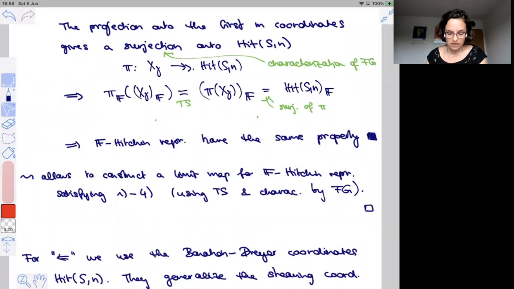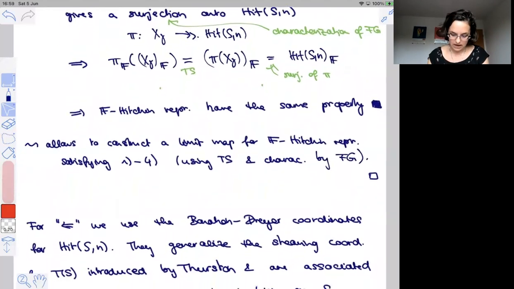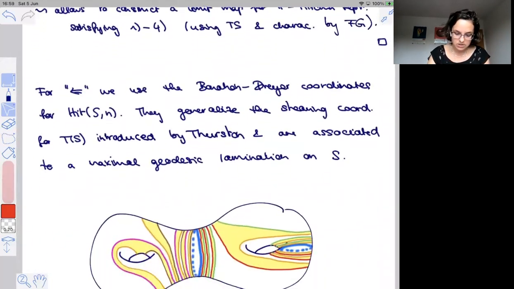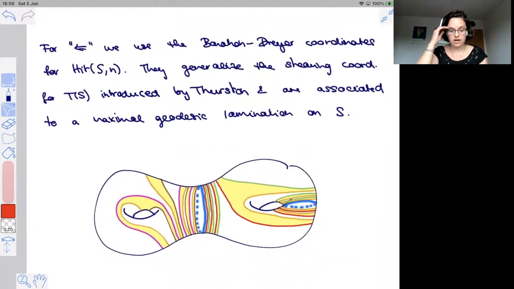And now let me spend the last one to two minutes on the other direction. The backwards direction uses the Bonahon-Dreyer coordinates for the Hitchin component.